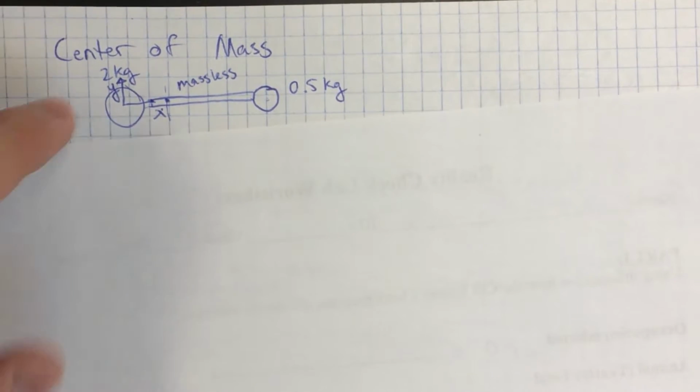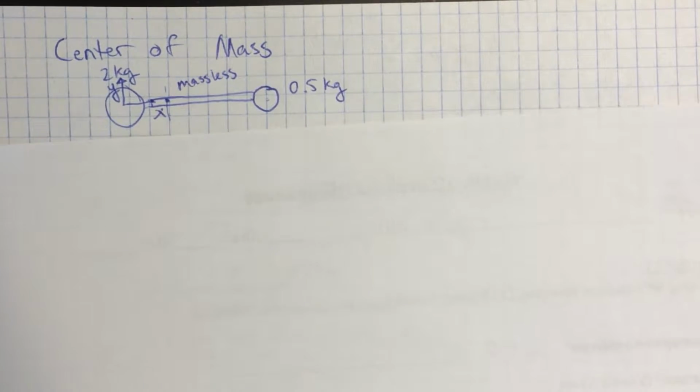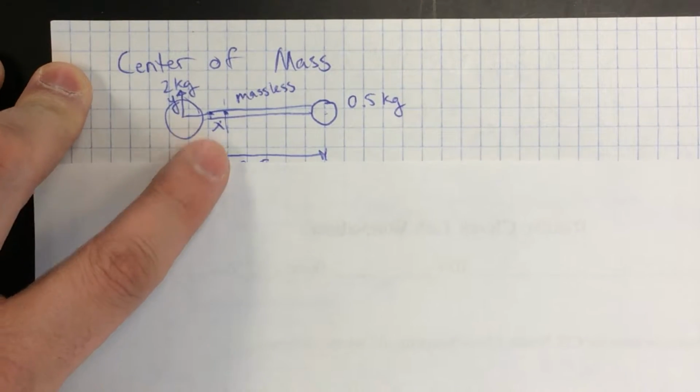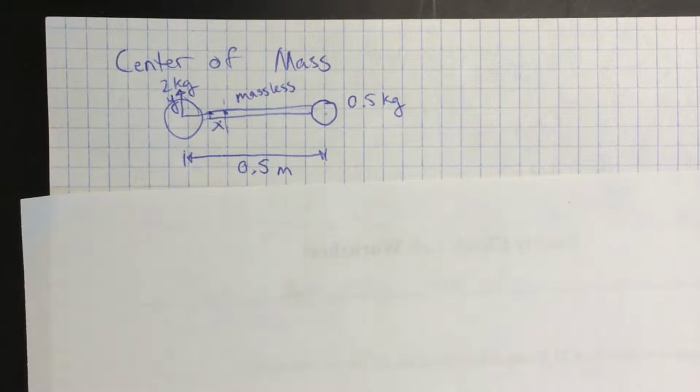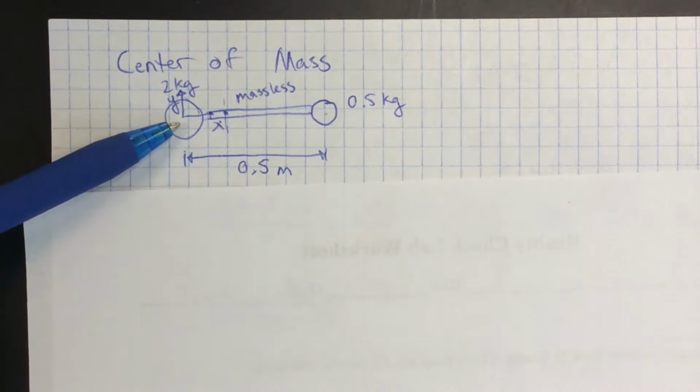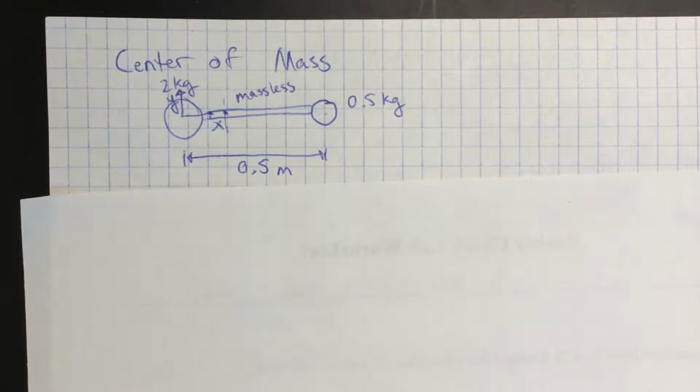So you got 2 kilograms here, 1/2 kilogram there. How do we decide where that center of mass is if the rod is 1/2 meter long? When you calculate center of mass, you need to decide ahead of time where you're going to choose your reference point, your origin.